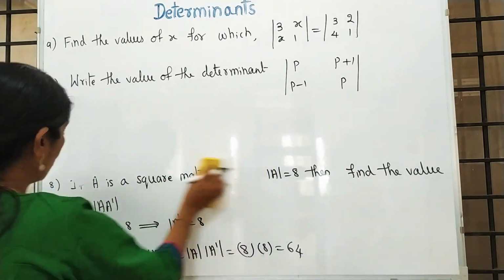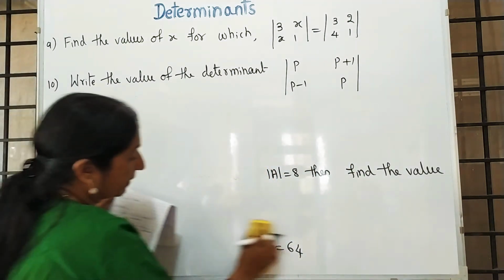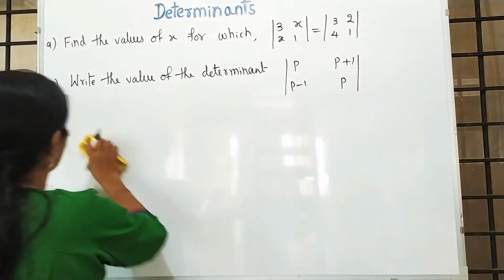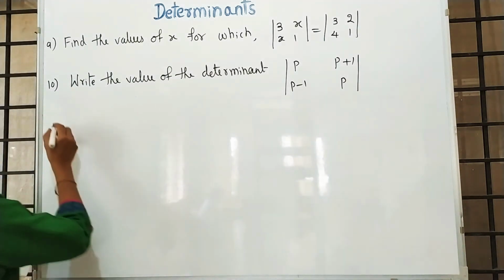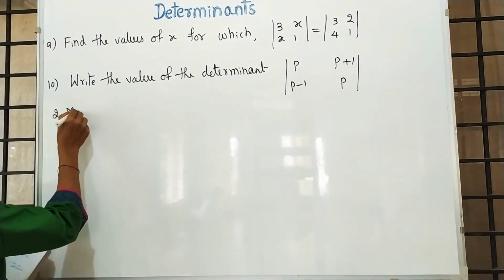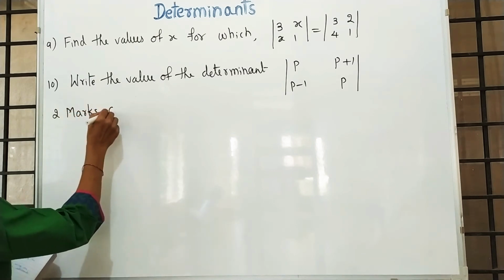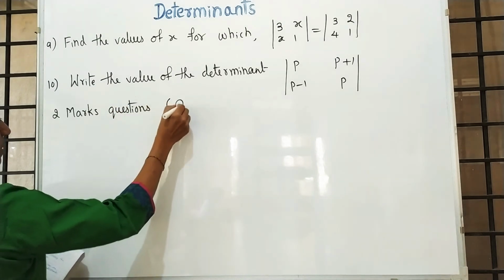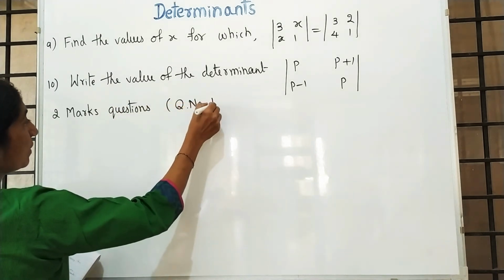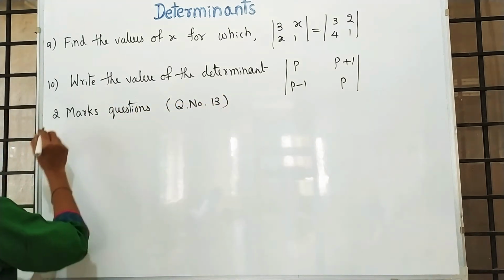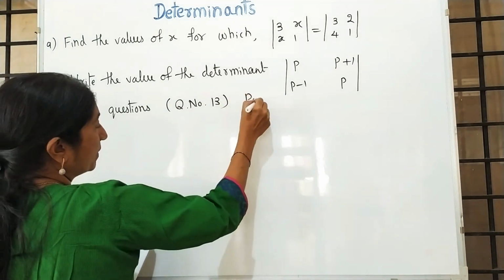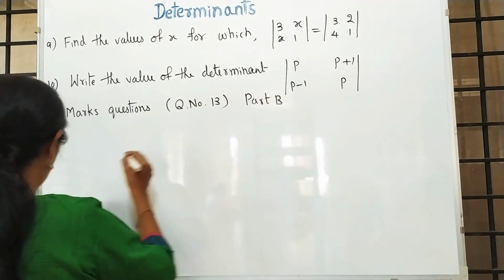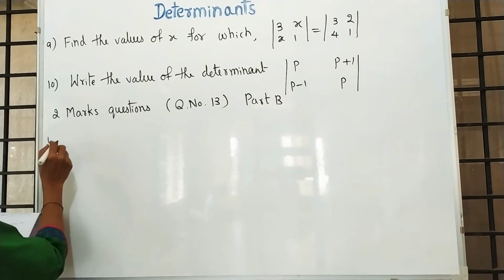Now we are moving towards a 2 mark question, expected questions in the annual paper, 2 marks question. That is at question number 13 in part B. At question number 13, first question.